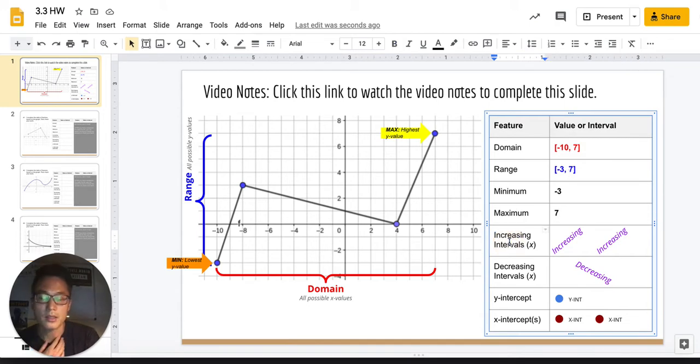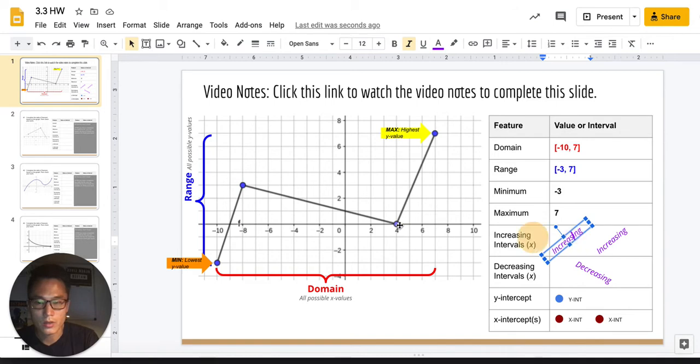Next is increasing intervals. Increasing intervals are wherever in the graph you notice a positive slope. Or I like to think of it as if you're walking along the graph going from left to right, anytime that you're going uphill, that's when there is an increasing interval. So let's go ahead and drag these annotations.